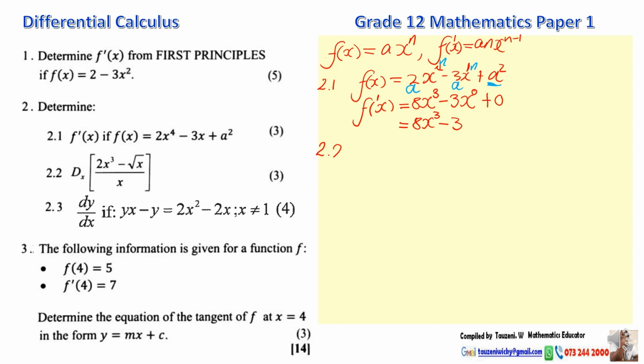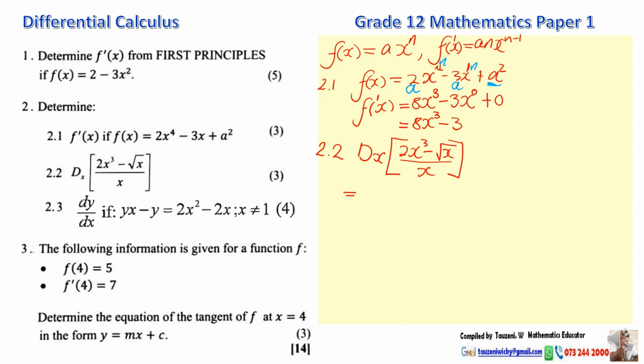In number 2.2, it is very important for us to please understand this. We want to differentiate this expression, and we are using the same rule: 2x cubed minus the square root of x divided by x. We want to find the derivative of this expression.